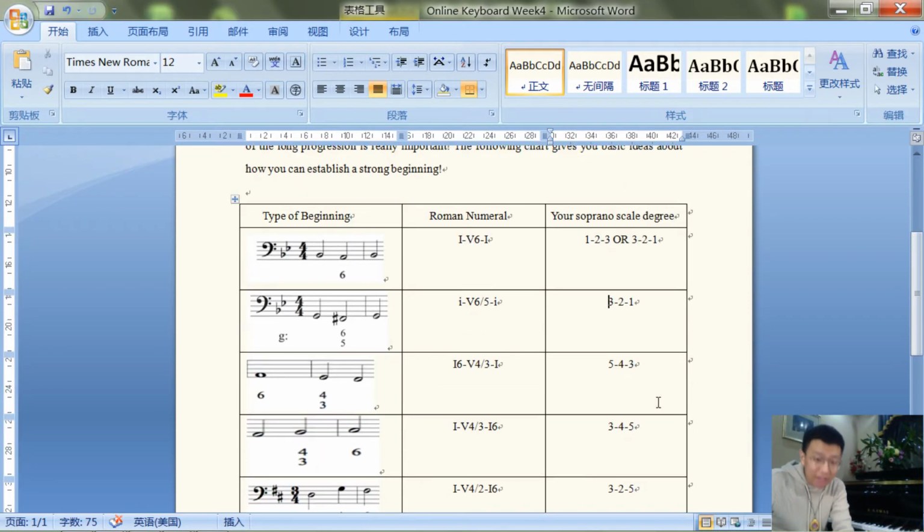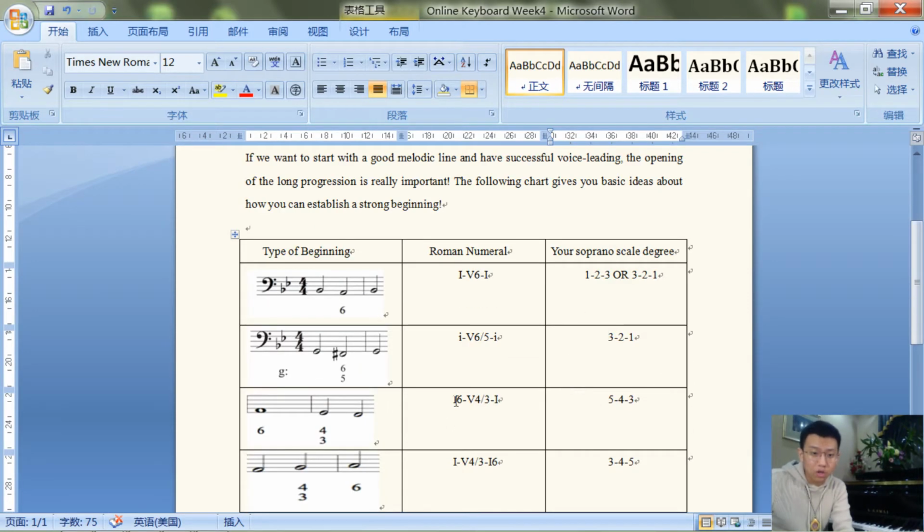Okay? And the next is really important, with the passing 4-3. 1-6-5-4-3-2-1. That means that with your soprano scale degrees, you should make parallel tenths between the soprano and the bass. For example, here, this is actually in F major. First, let's realize the scale degrees 3-2-1 in F major, right?